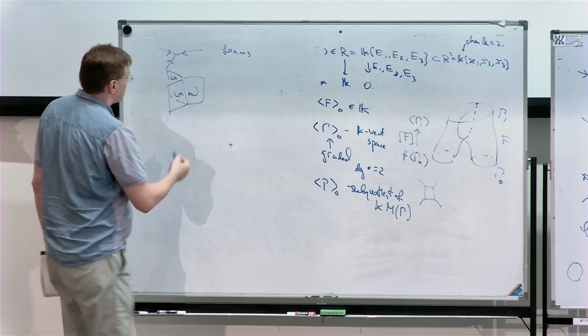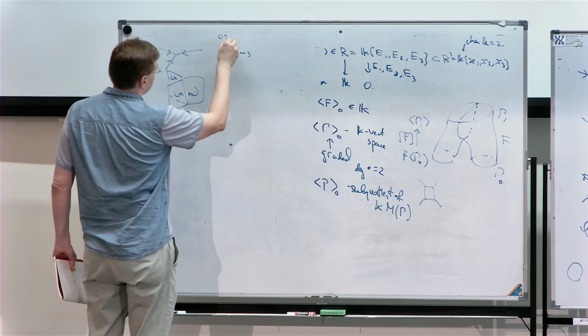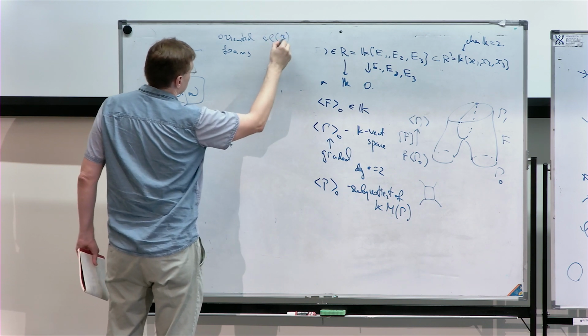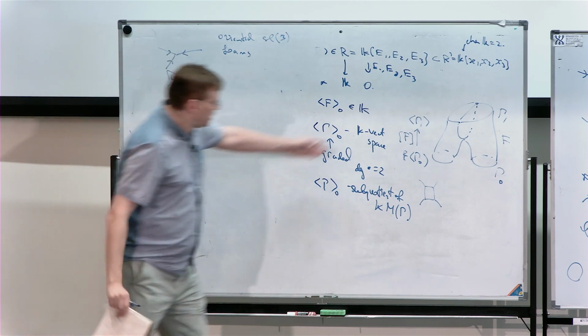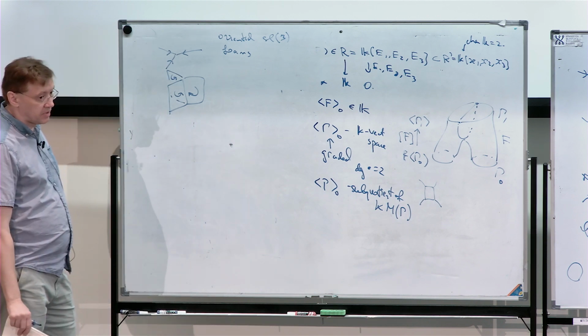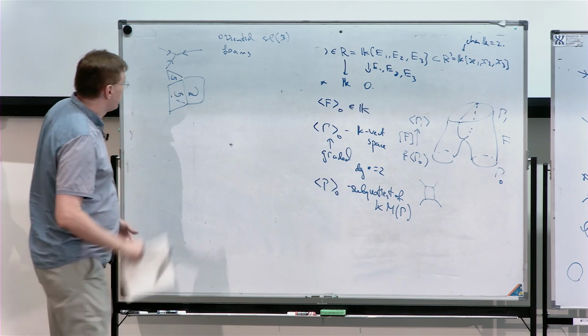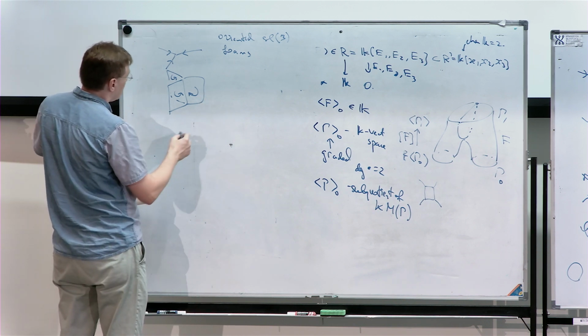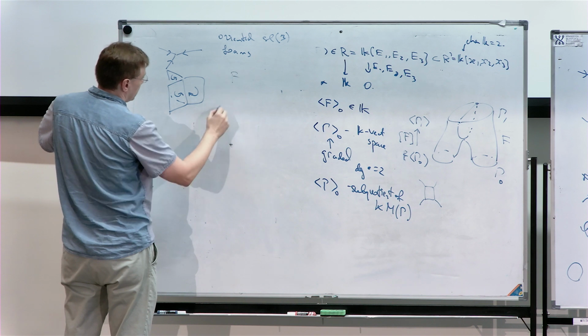But now these foams have very simple properties. So we call them oriented SL3 foams, as opposed to the unoriented ones here, because we didn't have orientations on graphs and on facets. Oriented SL3 foams. And those are much easier to evaluate, because such a foam F has no vertices.